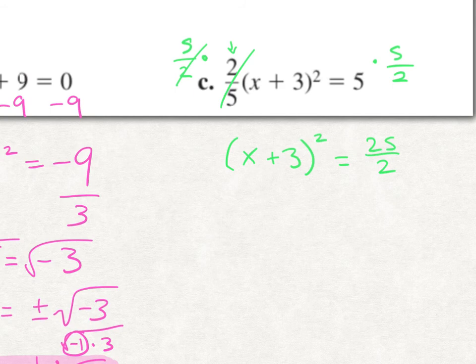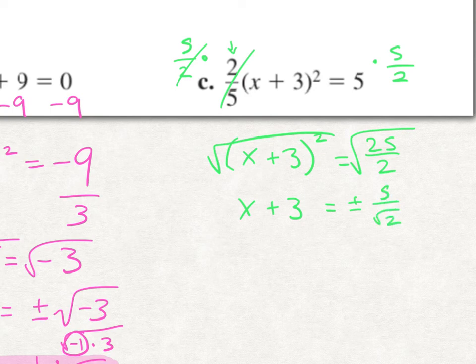What do we do next? Take the square root of both sides. So we have x plus 3 is equal to plus or minus. Can we simplify the square root of 25 over 2? Yes. What does it simplify to? 5 over the square root of 2.